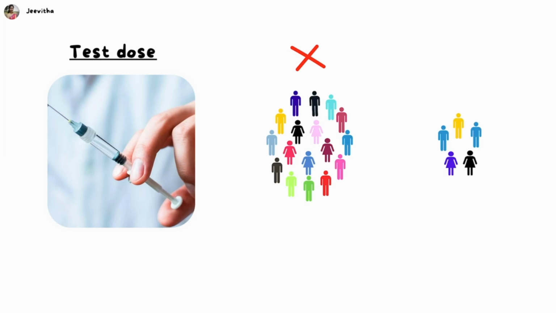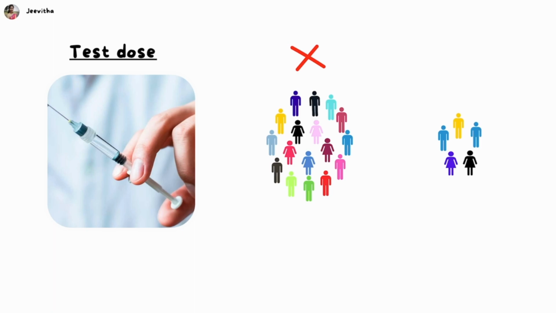They do some tests, take that small amount of data, inject the drug into those few people, and test whether it's working on them or not. Based on the sample results, if it's working perfectly fine on the people in the sample, then whatever inference I got from the sample, I can use to make a conclusion about the population.